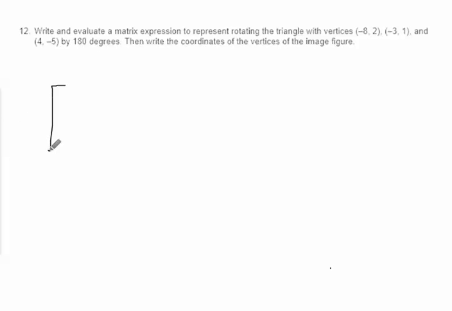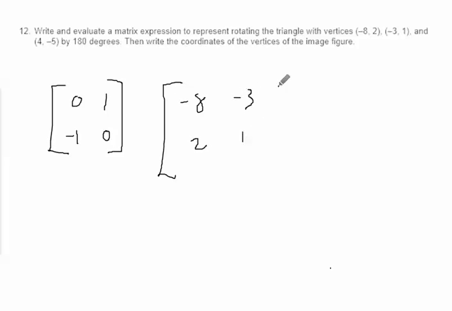We would be multiplying it by 0, 1, -1, 0. And we're going to multiply the matrix -8, 2, -3, 1, and 4, -5. Those are my 3 sets of points.